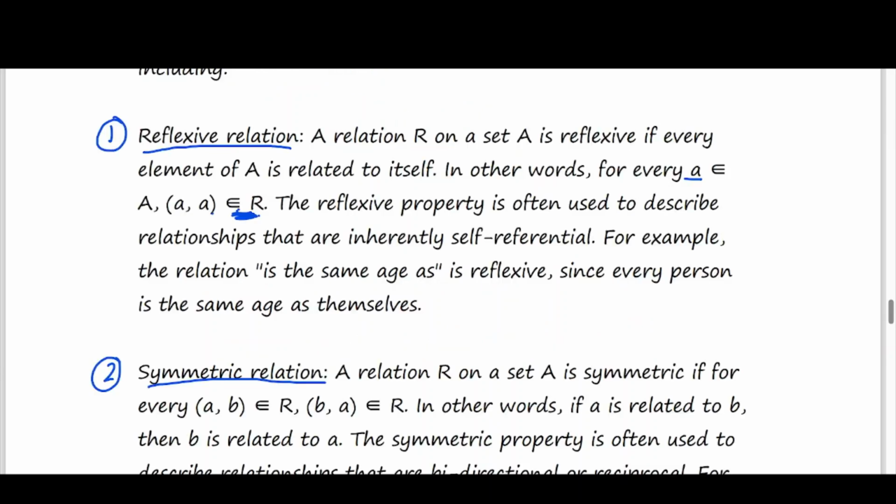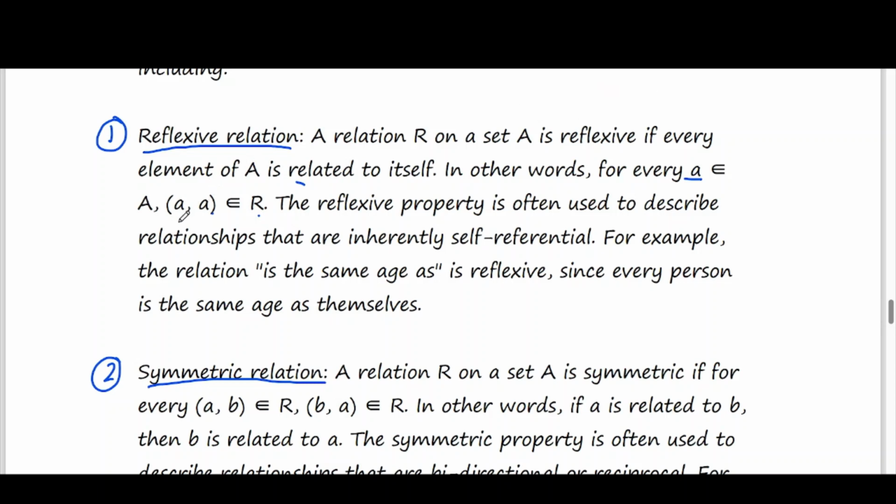See here what it is saying: a relation R on a set A is reflexive if every element of A is related to itself. In other words, for every a belongs to A, (a, a) belongs to R. Here small a is varying for every element of A. It can be b, it can be c.